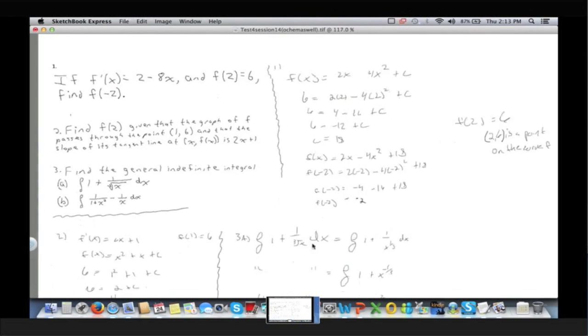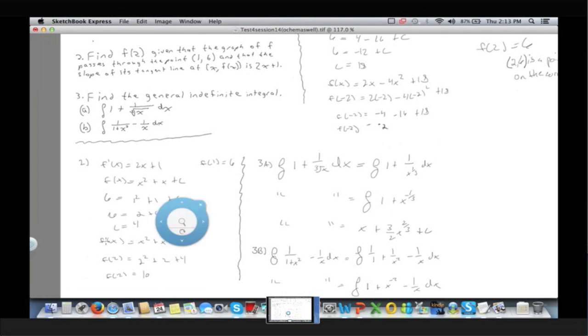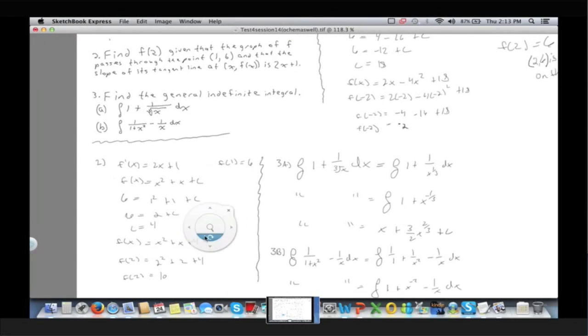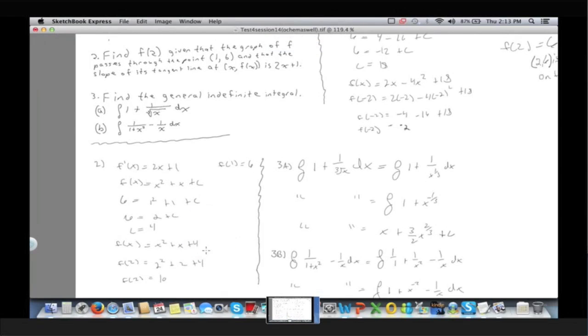Okay, and then number 2 is over here. So they told you that the slope of the tangent line is 2x plus 1.